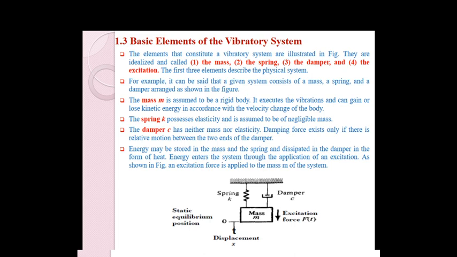The damper is a resistance provided so that the vibrations or oscillations are reduced in each cycle. This way we can represent the vibratory system. These are known as the basic components of the vibratory system.